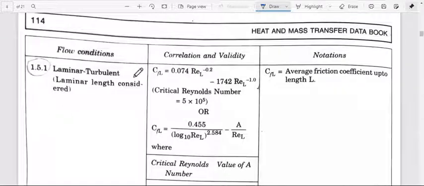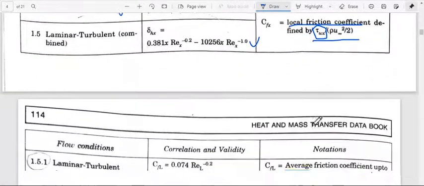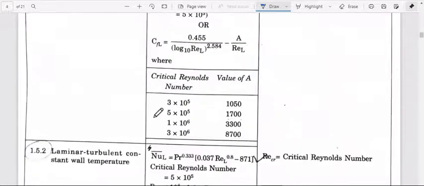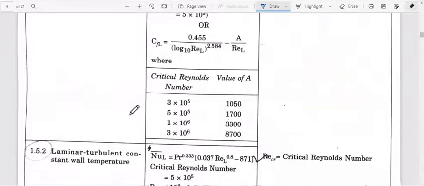Here, laminar length is considered, and CfL is the average friction coefficient. Cfx is the local friction coefficient defined by tau wx by rho u square by 2. Here tau wx is the shear stress, and this is the CfL formula.